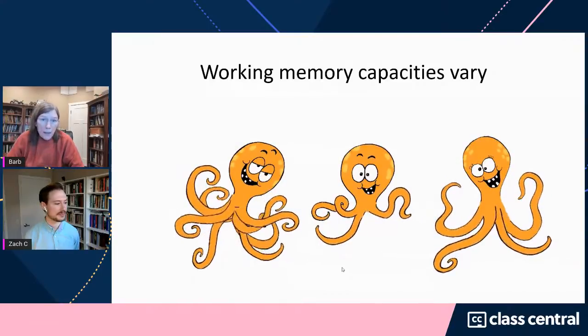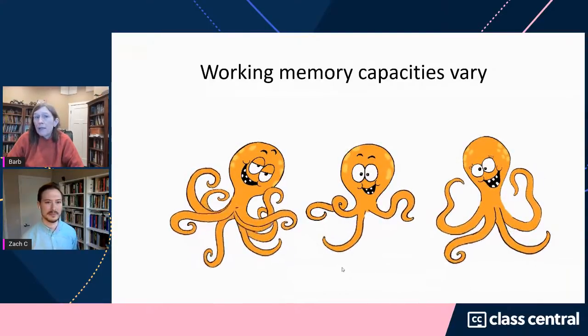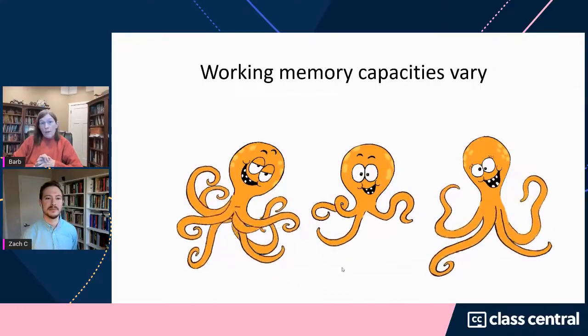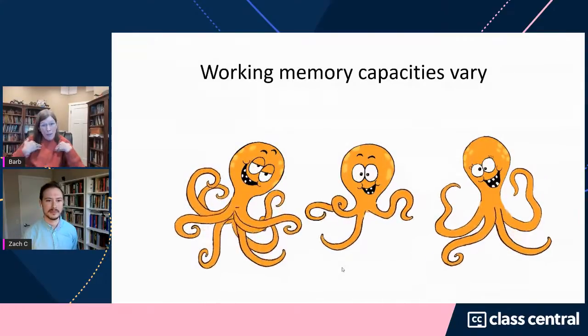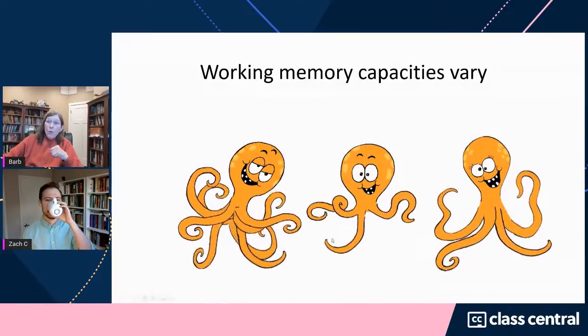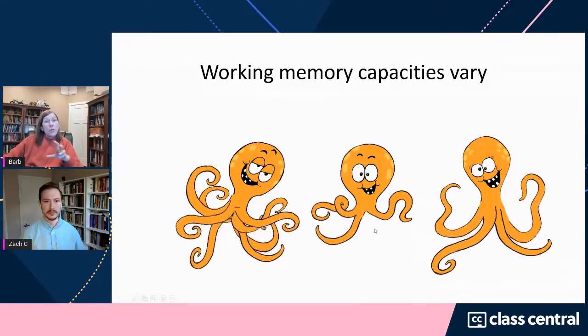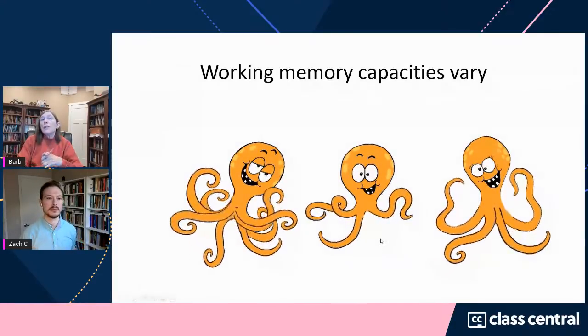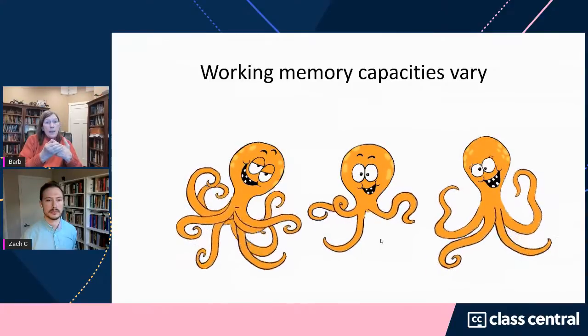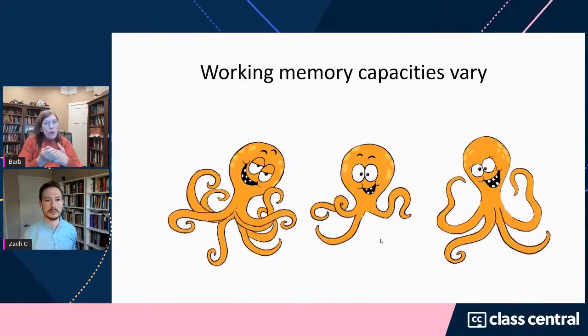So you might think that having a great big working memory is the be-all and end-all. Well, guess what? That's not true. I myself have a limited working memory. So I'm more like this 3. And it turns out that people with lesser capacity working memories are often A, more creative, and B, more flexible in their learning.